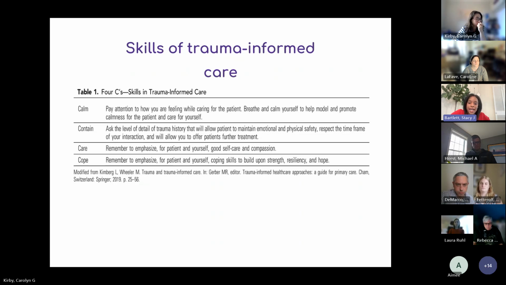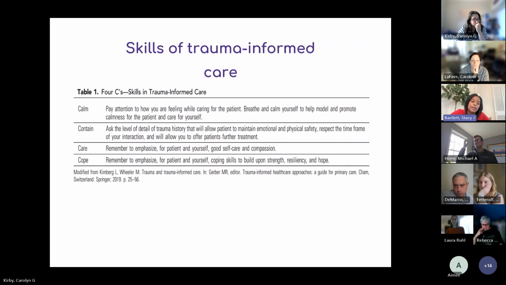The second C is for contain, which has a couple different meanings. One is that you are only asking the level of detail that you need to take care of this patient best, while maintaining the boundary to try to protect their safety, both emotional and physical. So you're really containing the deep dive to what you really need and what you think is going to be helpful and what they want to share. And then respecting the time frame as well.